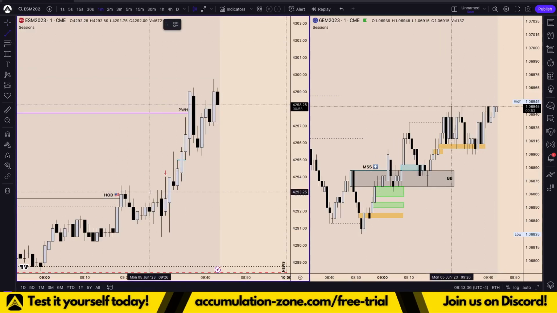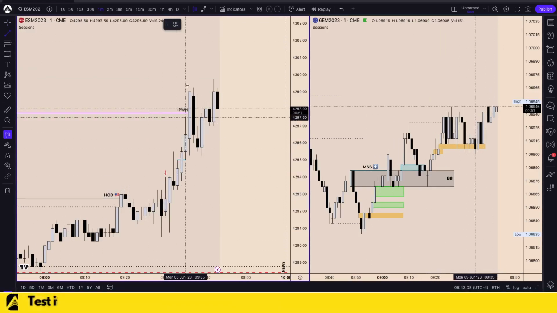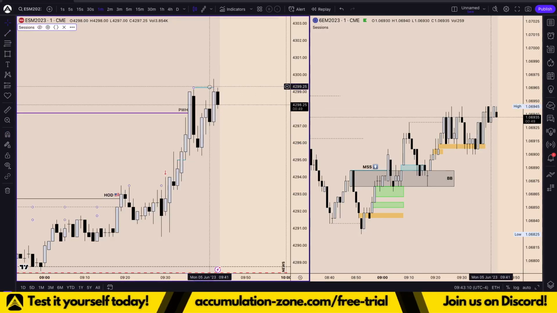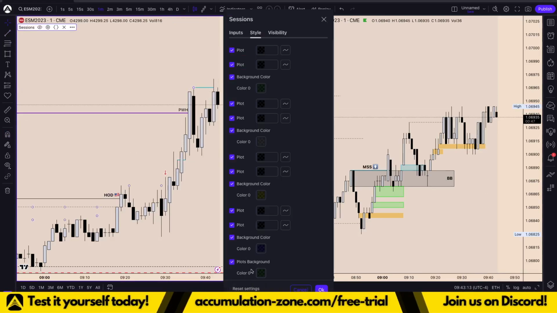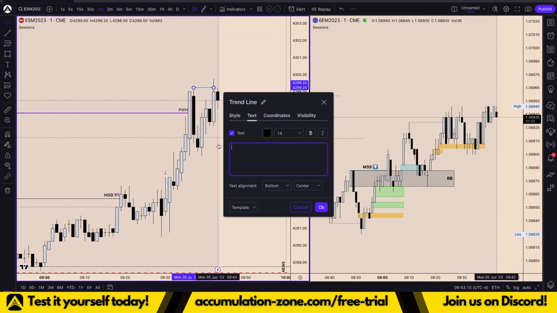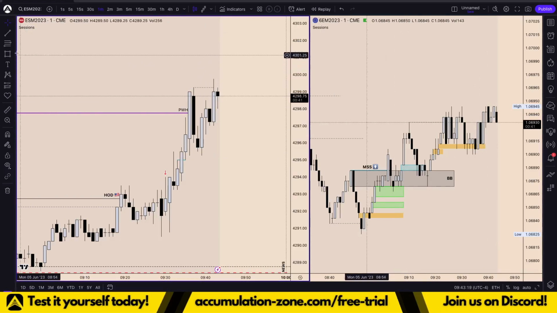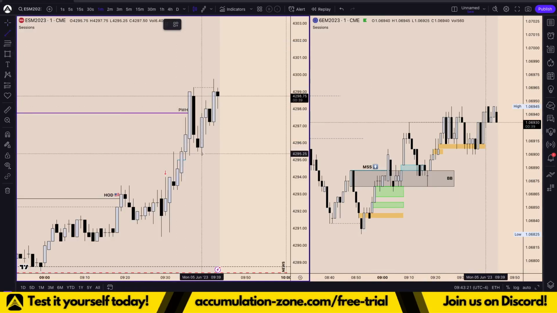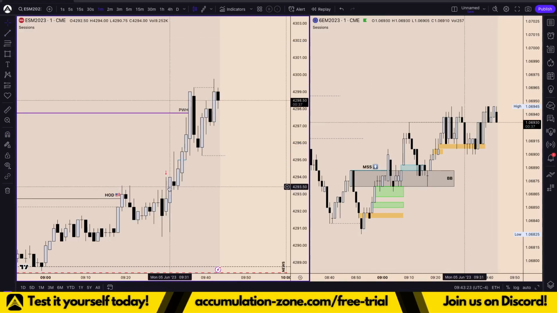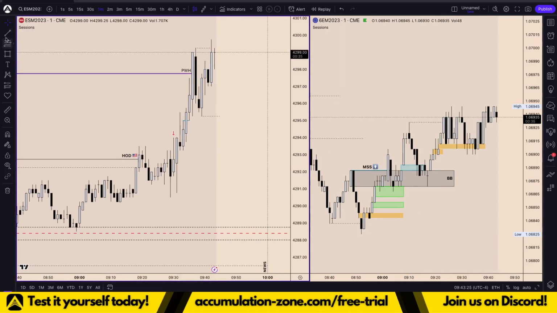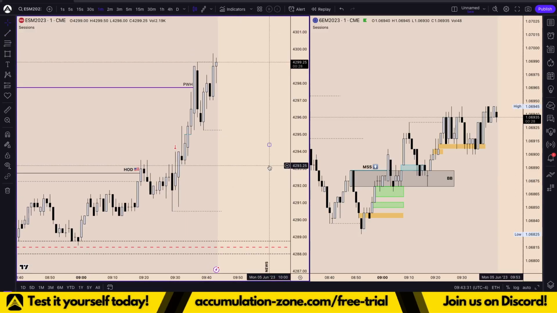If we continue to watch market structure on ES, we found a new higher high. Nope, that's not what I wanted to do. Break of structure. And this would be our most recent lower low. Sell side below here as well. We have news at 10 a.m., so also keep that in mind.